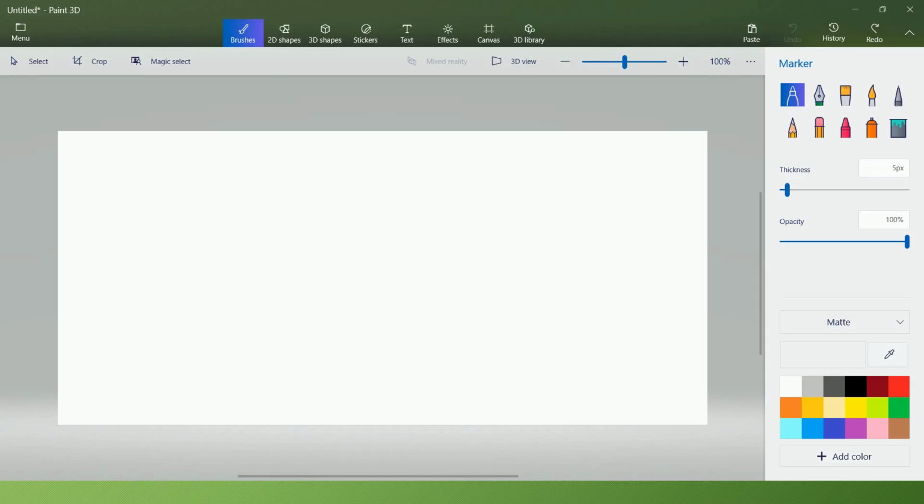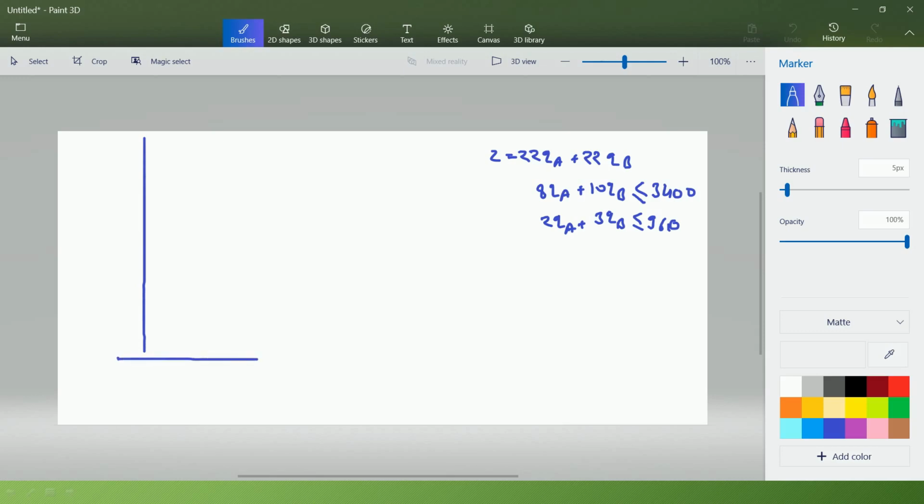The objective function is... so this is 0, 0.